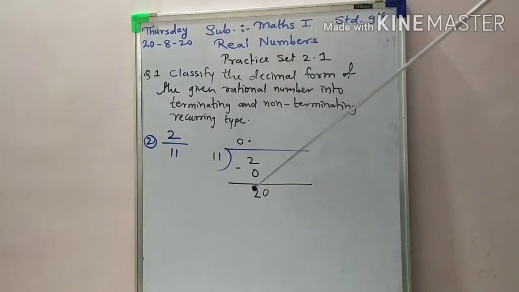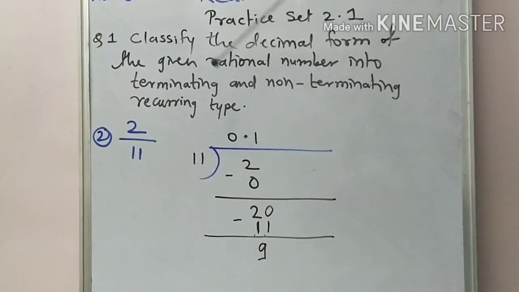Now as we divide that 20 using the table of 11, according to the table, 11 ones are 11. So we write down that 1 in the quotient, and that product, 11 ones are 11, below that 20, and here we do that subtraction. That value we are getting is 9.